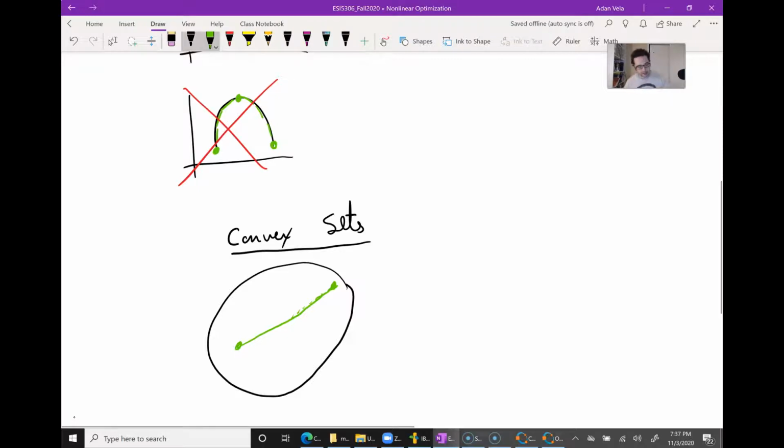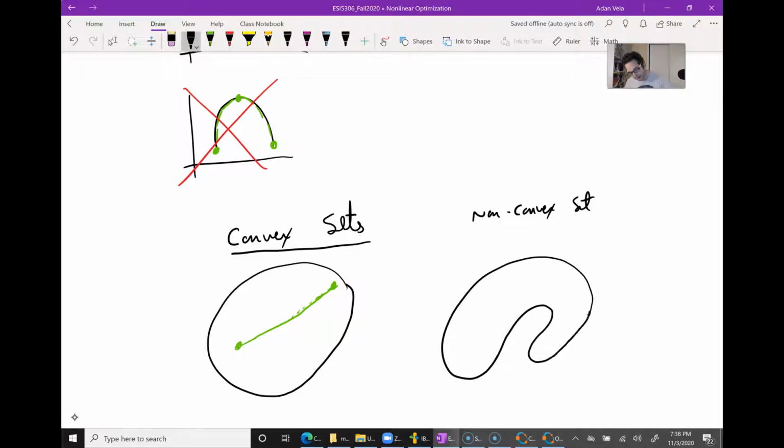Now let's contrast that with a non-convex set. Okay, so let's say I had a set that looked like this. I could certainly select 2 points. I can try to connect them, but what we see is some points on the line that connect them are outside of the set.